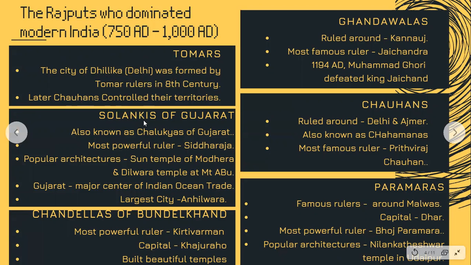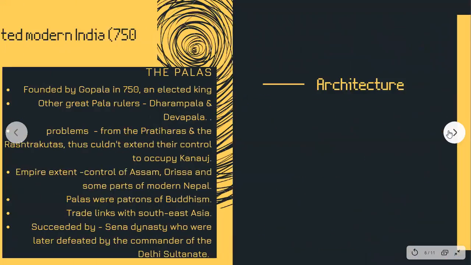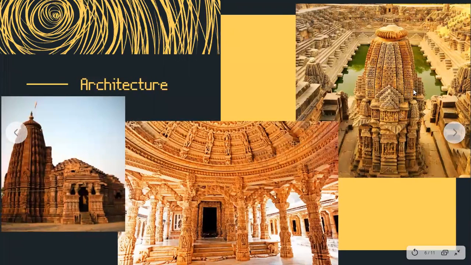Then Solankis were primarily based in Gujarat, right? They're also known as Chalukyas of Gujarat. And the most powerful Solanki ruler is Siddharaja. And some of the most popular architecture is the Sun Temple of Modhera and the Dilwara Temple of Mount Abu. I have pictures right here, right? So do you see this, students? This is the Sun Temple of Modhera, right?